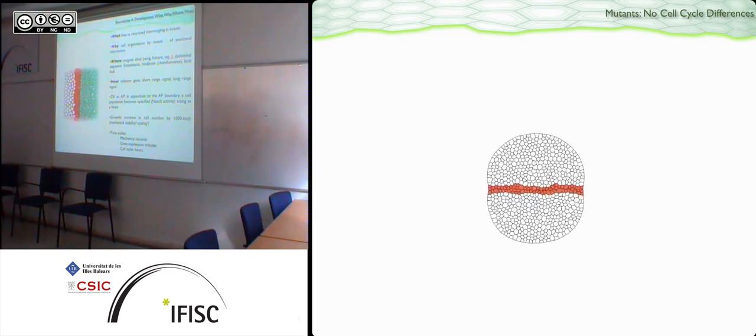There is one particular boundary, this one, called the AP boundary, because it is the anterior and posterior boundary. Those letters are given because those cells will create the anterior part of the wing, and these will create the posterior part of the wing. Similarly, the dorsal and ventral compartments, or the DV organizer: this part will create one part of the wing blade, and this population will create the other part of the wing blade.